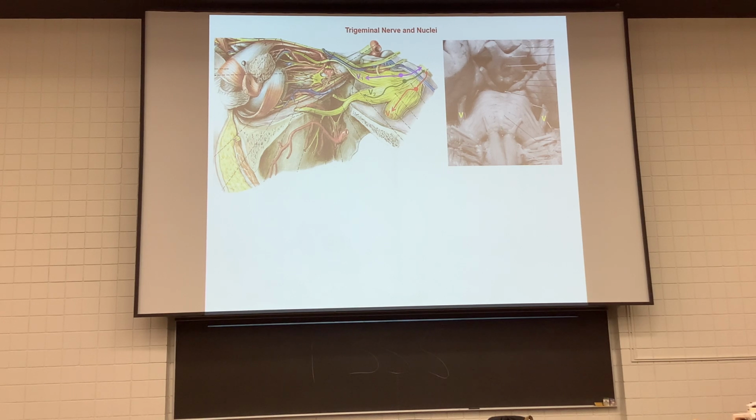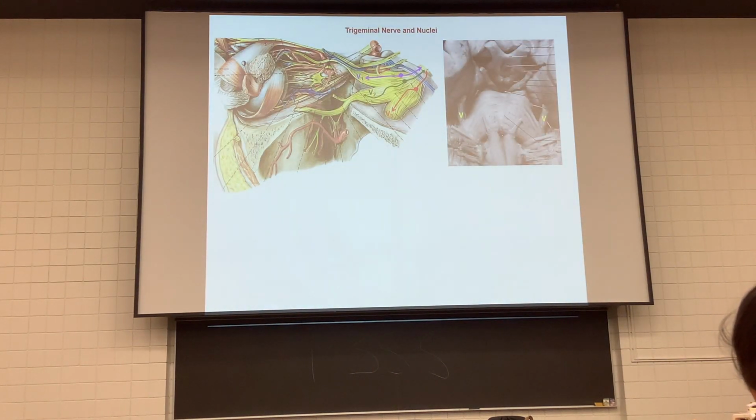But we have to digress for one minute here and come back. We kind of touched on this at the end of the lecture last week, but let's talk now in a little more detail about the trigeminal nerve and its associated nuclei. Is the trigeminal nerve motor or sensory? I'm getting both.